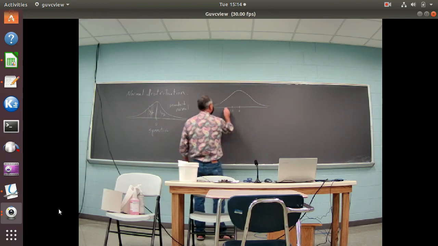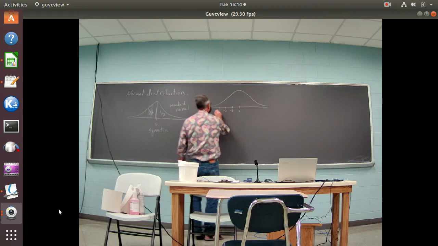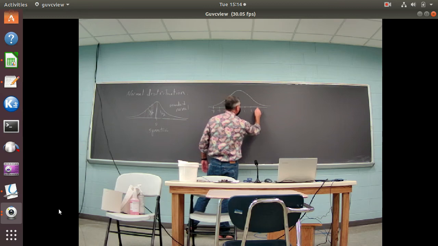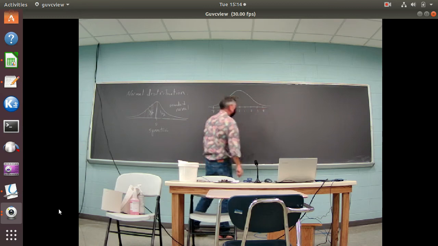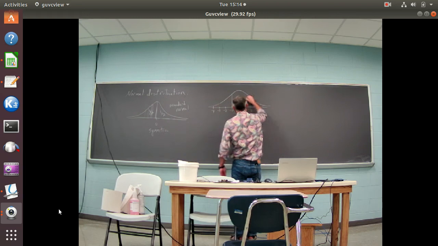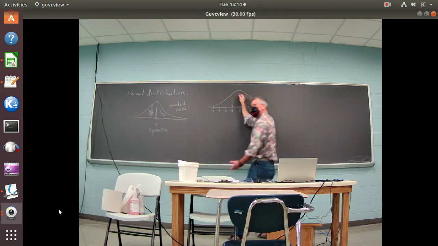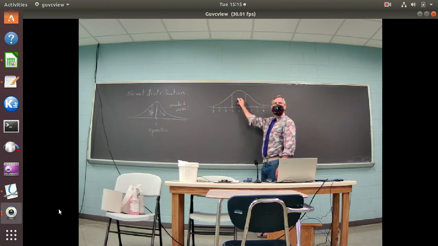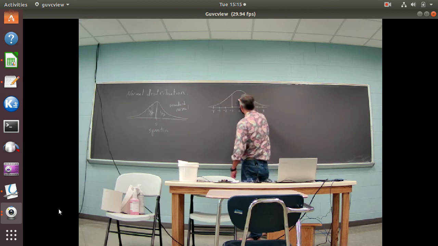So if you just look at a graph of this on the number line, some other properties that we notice are that if I take the proportion of the area, or the proportion of observations, that are in here, that's about 68%, so 0.68.